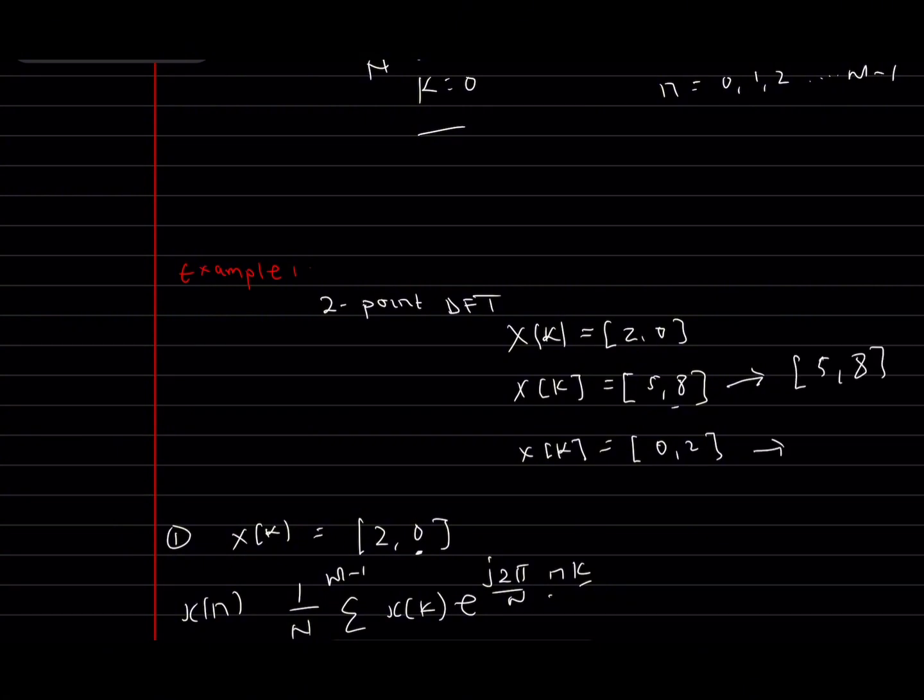And the answer for the other question, which was 0, 2, is supposed to be 1, -1. So please try your hands on this inverse discrete Fourier transform, and if you have any question, please don't hesitate to put them in the comment section.